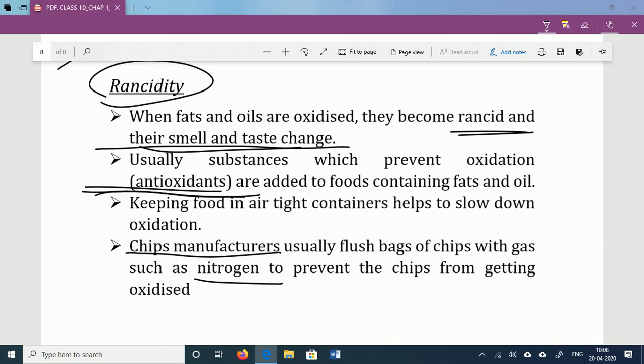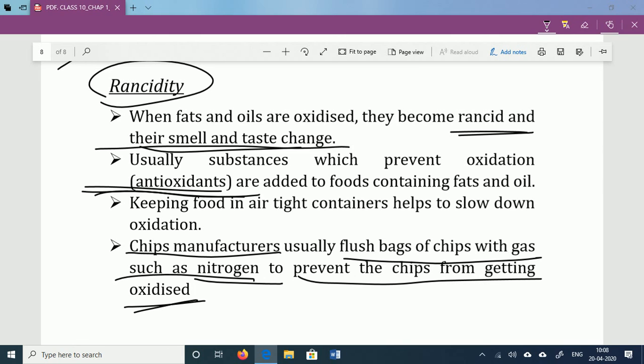So here they usually flush the bag of chips with a gas such as nitrogen to prevent the chips from getting oxidized. Why? Because when nitrogen is available, definitely oxygen is not available. Nitrogen is heavy compared to oxygen, so your bag is completely filled with nitrogen, and the chips do not undergo the oxidation process. Ultimately the chips remain protected for a long period of time.